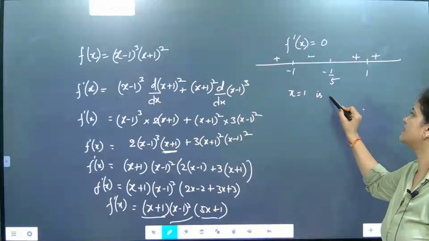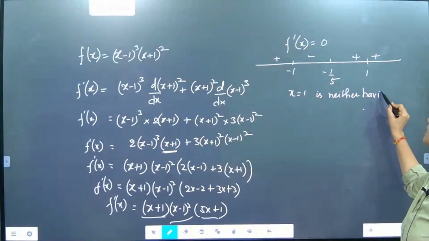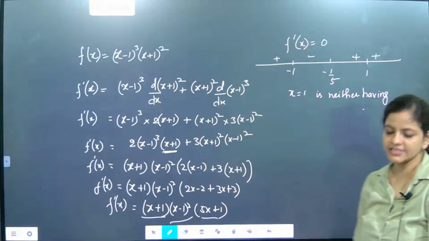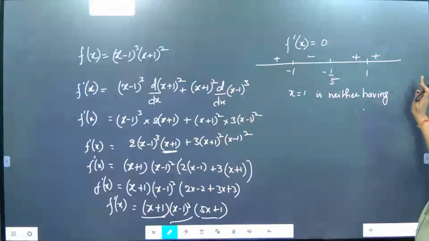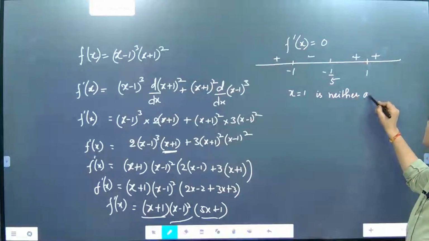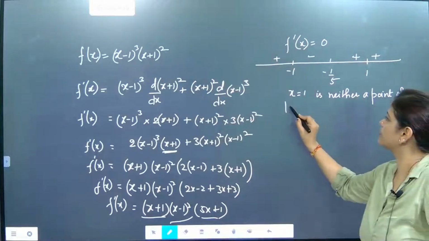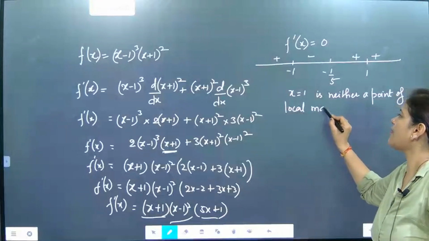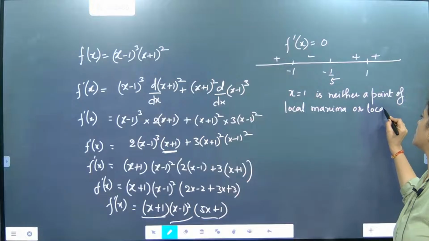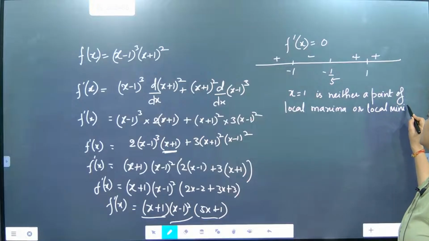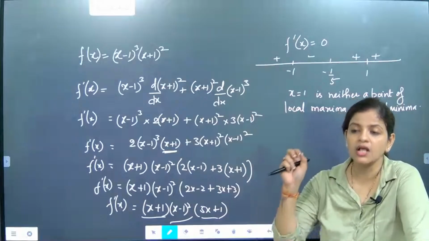So x is equal to 1 is neither a point of local maxima nor local minima.